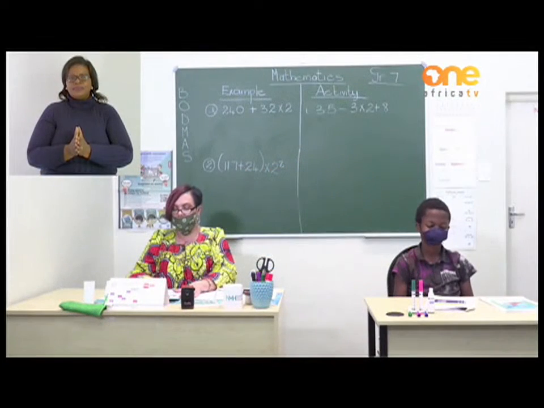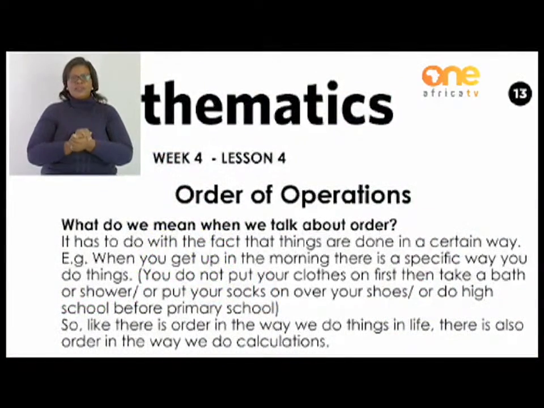Let's continue by looking at page 13. Order of operations. What do we mean when we talk about order? It has to do with the fact that things are done in a certain way. For example, when you get up in the morning, there is a specific way you do things.